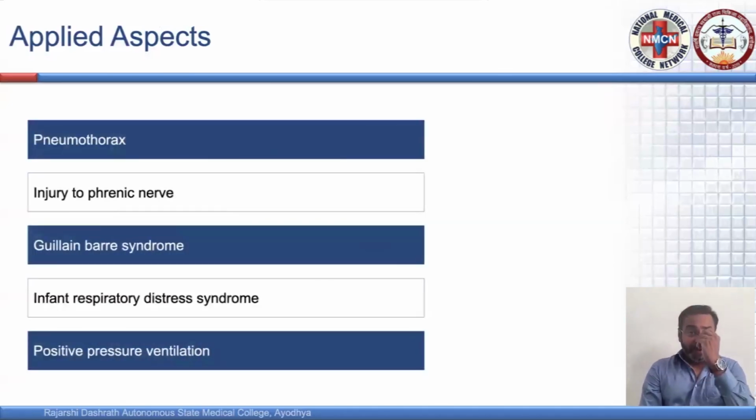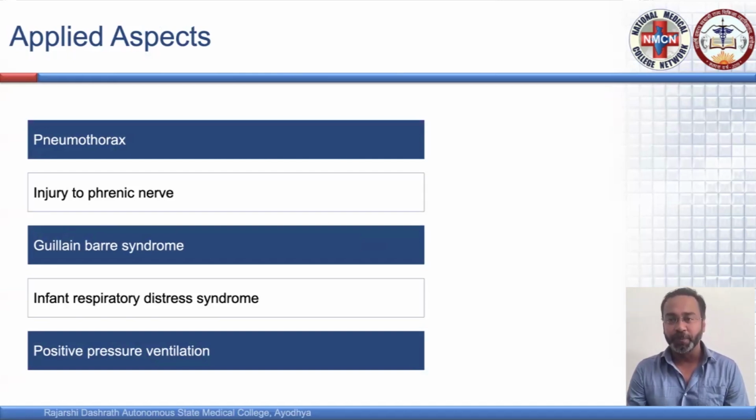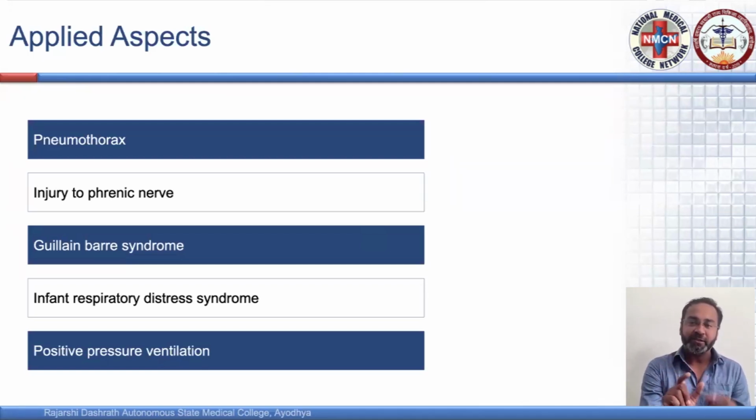Now coming to the applied aspect of today's lecture, there is a condition called pneumothorax. As I've told you earlier, the intrapleural pressure is subatmospheric, which is around -4. If there is an injury, a stab injury, where a knife is put in the chest and pierces all the way into the intrapleural space, the intrapleural space is now in direct contact with atmospheric pressure.